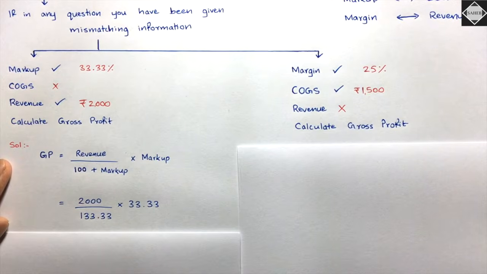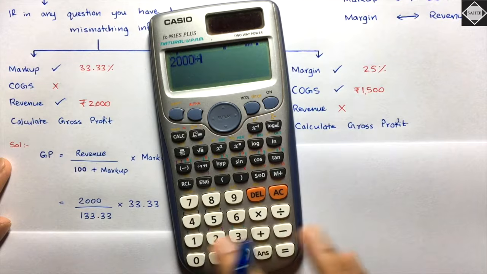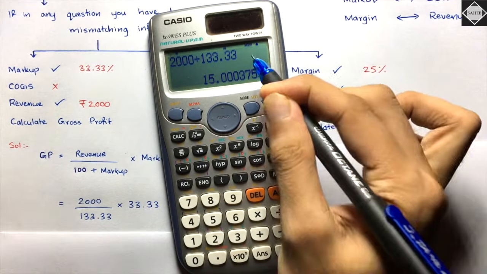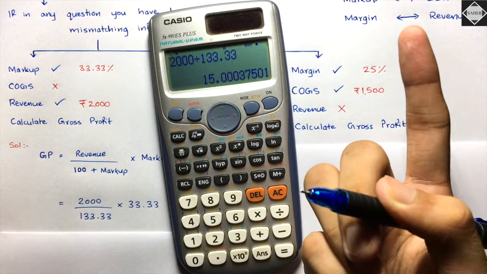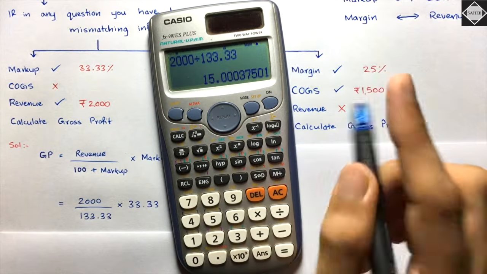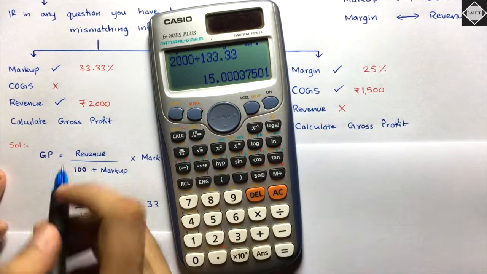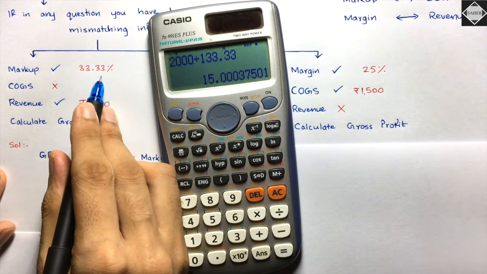When we do this, let me just show you. 2000 divided by 133.33. When we do this, we get 1%. Once you have 1%, you can easily multiply 1% with any number and get that percent. What do we need? We need gross profit. We know that gross profit percentage is 33.33%, isn't it?